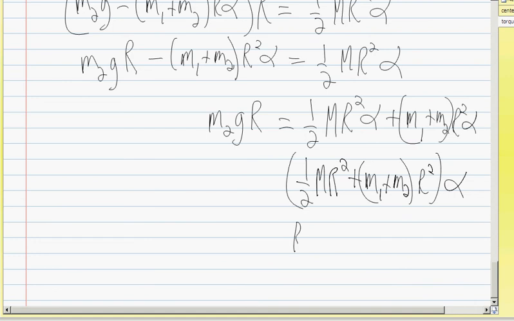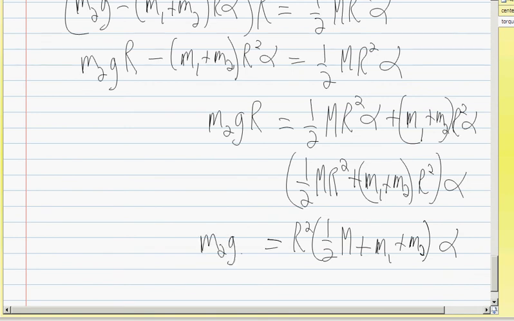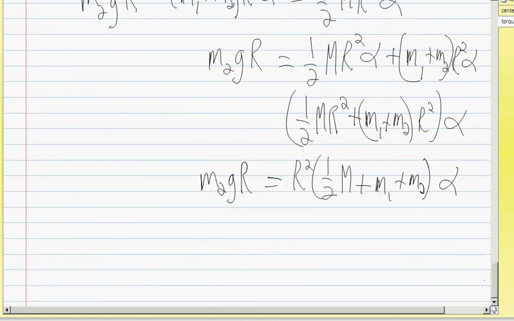Let's just take the R squared out. So R squared times 1/2 M plus M1 plus M2, times alpha, equals M2GR.